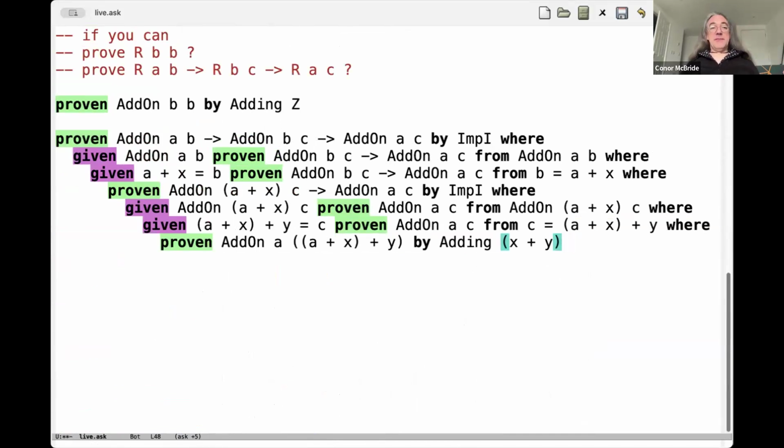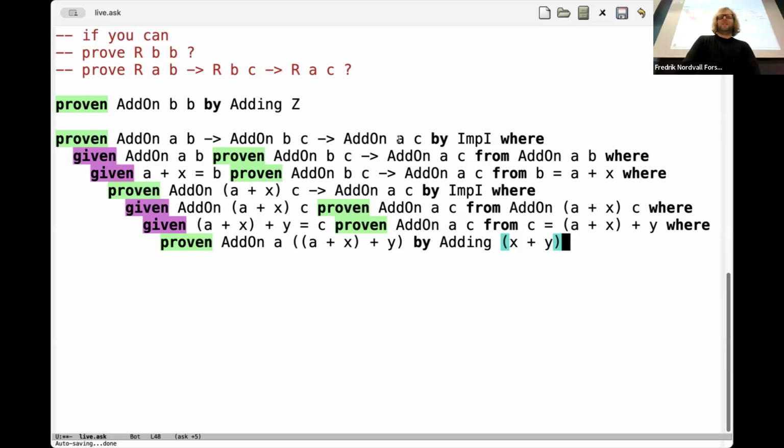Okay, so we've managed to show that add-on is a preorder. That you could get from anywhere to itself, and if you can get from A to B and B to C, you can get directly from A to C. And it turned out that what we needed to establish those things was exactly that plus satisfies monoid laws.